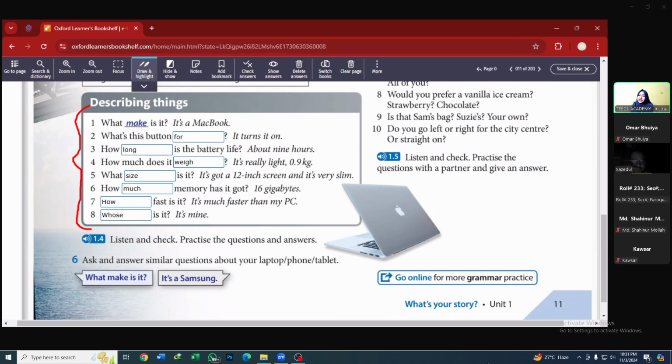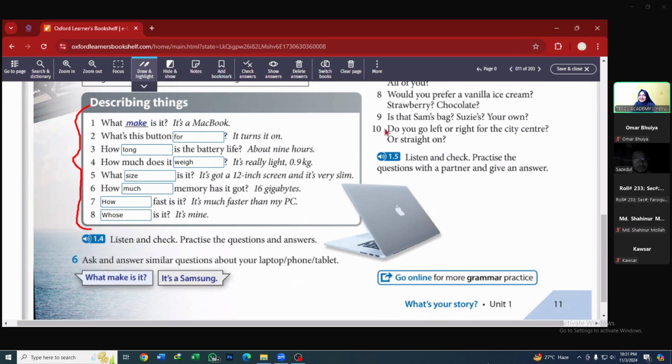Okay, so Mr. Farooq, even your laptop has a 12-inch screen, just like the MacBook. Tell us about your laptop. It's got a 10-inch screen and it's very slim.